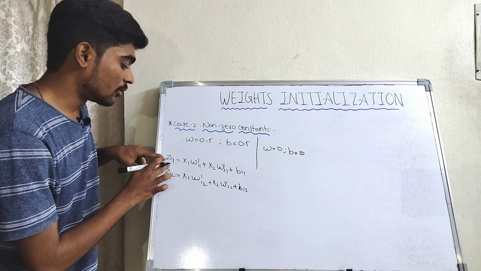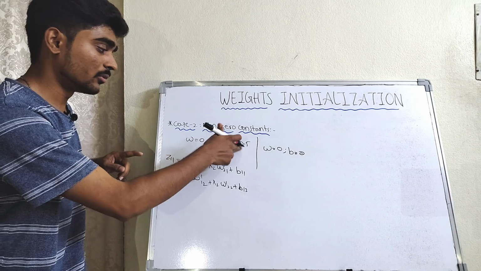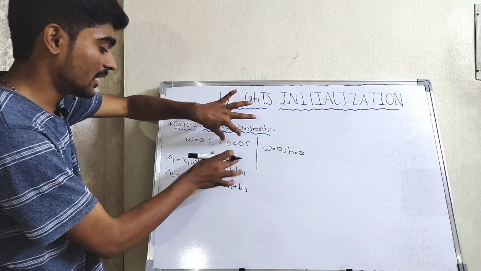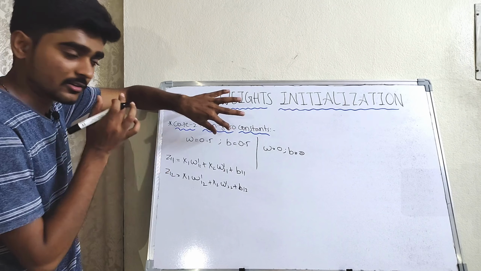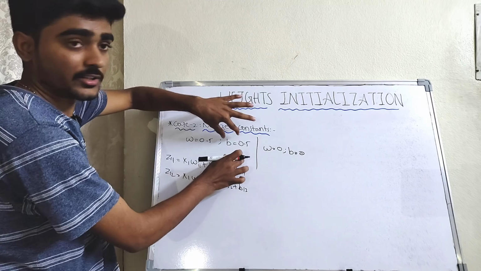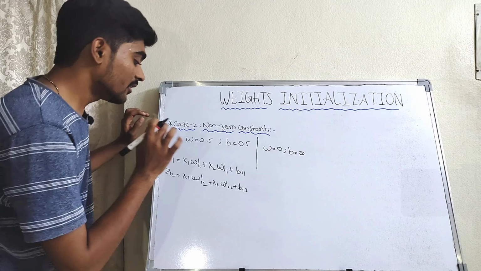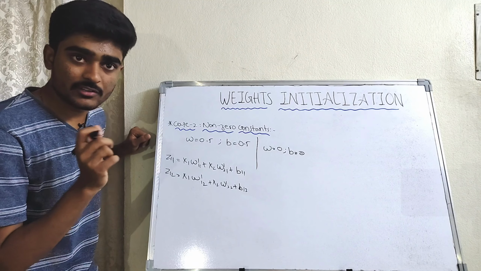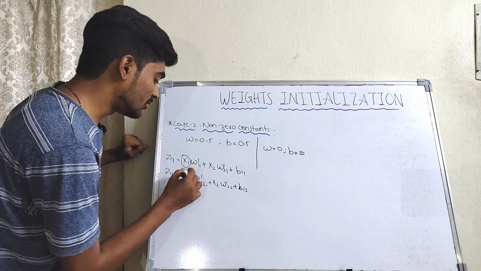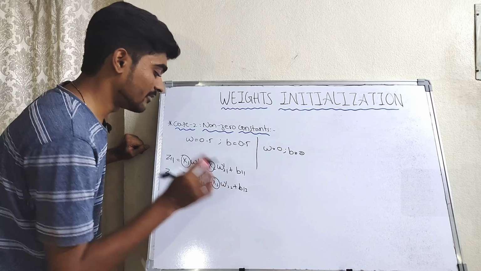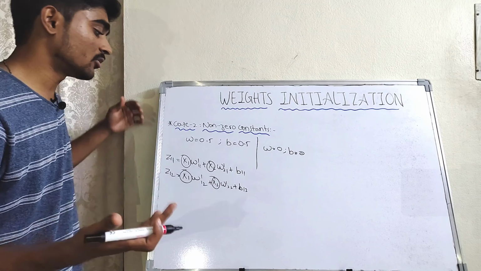This is the output weighted sum of the first hidden unit, and this is the output weighted sum of the second hidden unit. Now when you keenly observe z11 and z12, the x1 values are equal. x1 and x2 are always equal as they are from the data, so they are constant values.